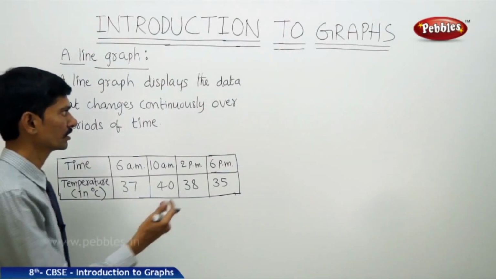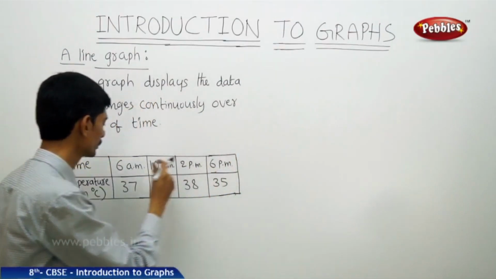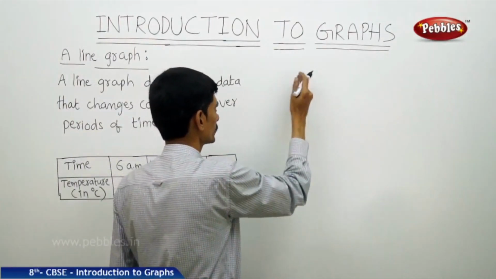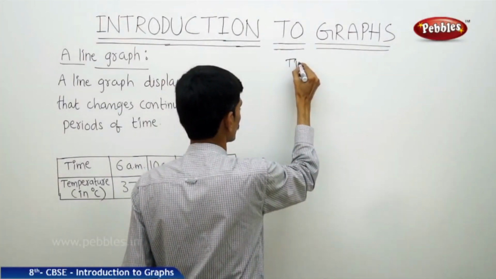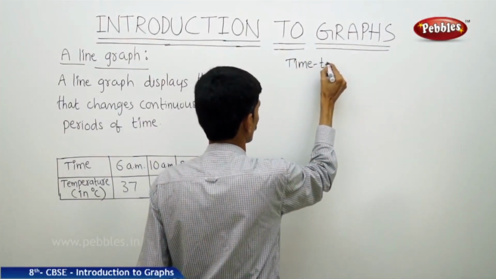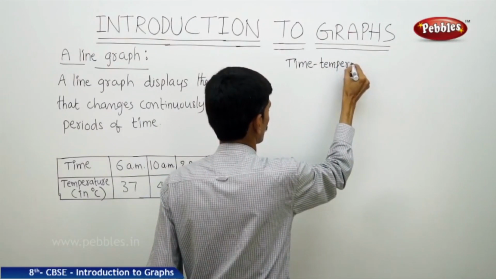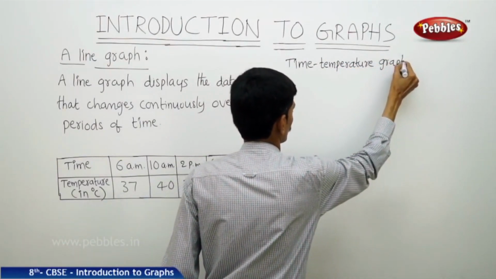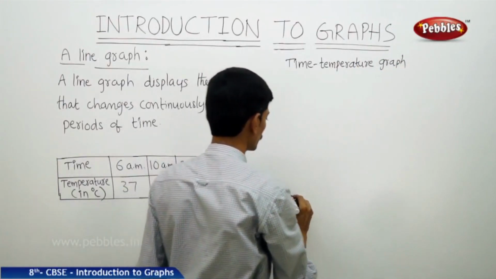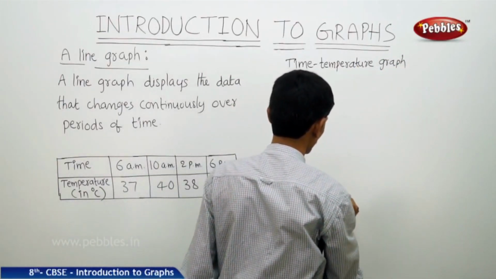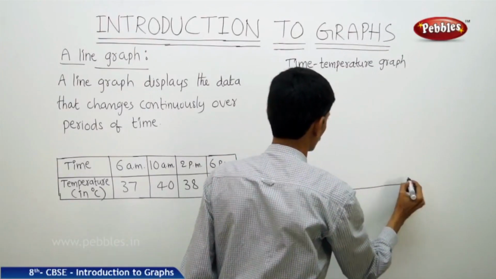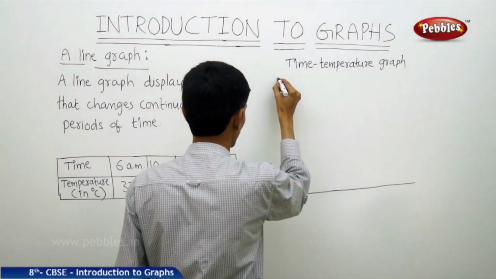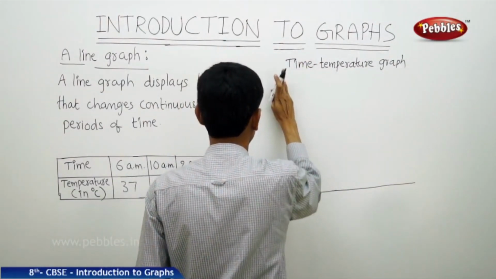Now let us draw the graph. This is the time and temperature graph, known as a time-temperature graph. We will take a horizontal line, also known as the x-axis, and a vertical line, also known as the y-axis.